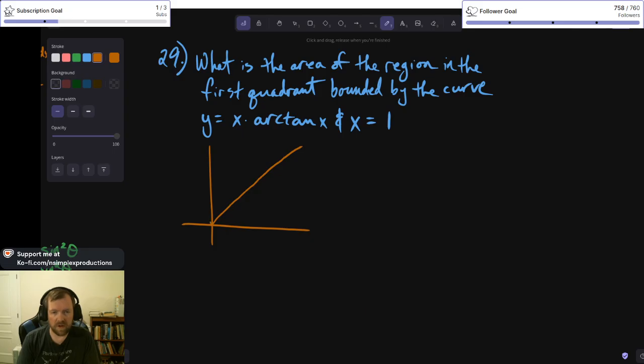This also goes off to the positive region, but that doesn't matter. So the arctangent gets you a negative value in the negative region, but the x also gives you a negative value in the negative region. And then if this is 1, we want to know what the area of this is going to be.